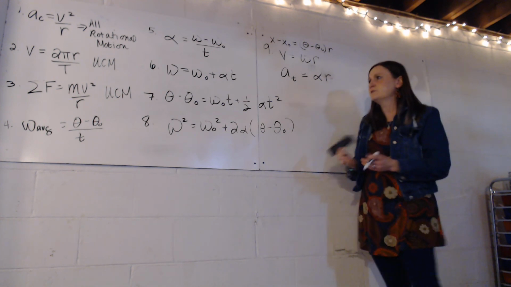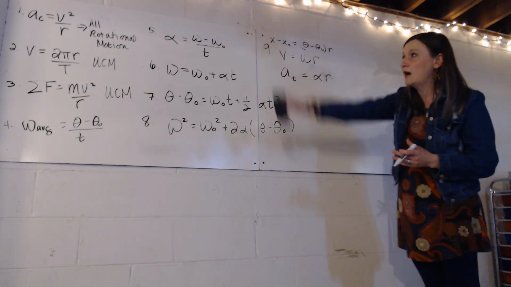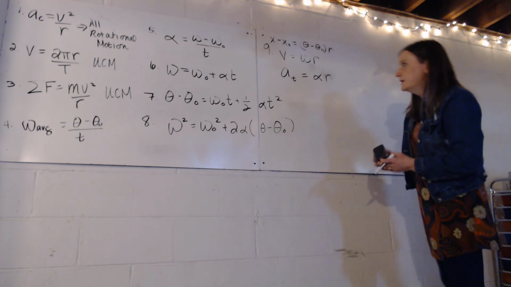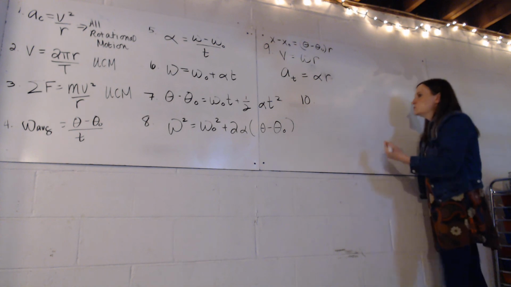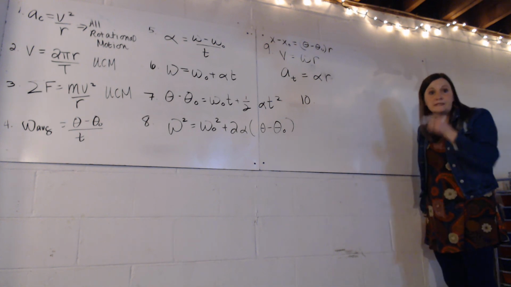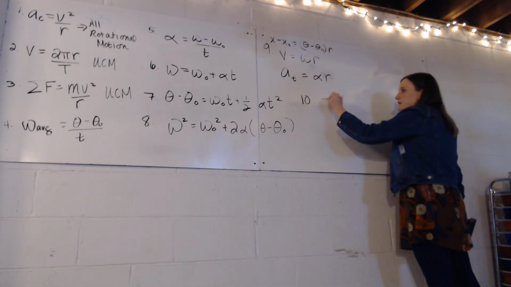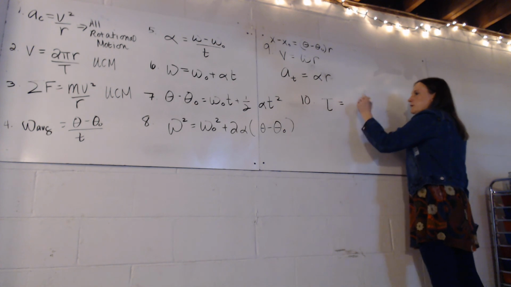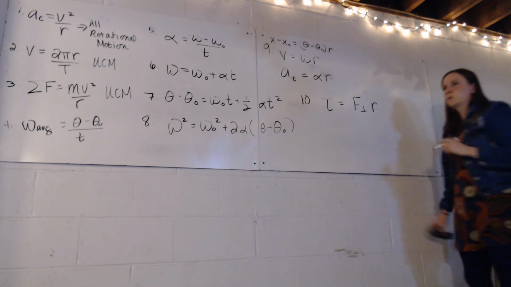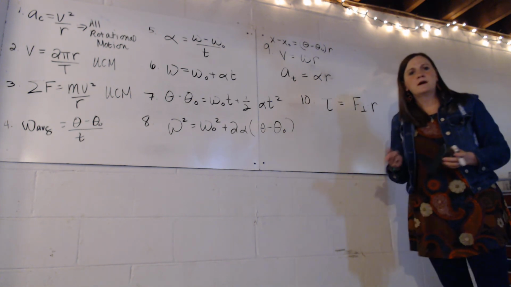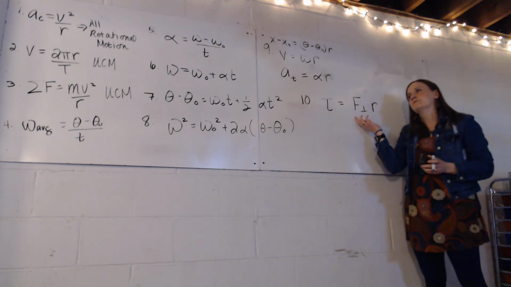And then the final thing that we did with all rotations, there's a lot of equations all over the place here, the final thing we talked about was torque. And you can end up doing a lot with torque. We didn't. We just really talked about what it was. Torque is equal to force perpendicular times r. So torque is sort of like the angular version of force.